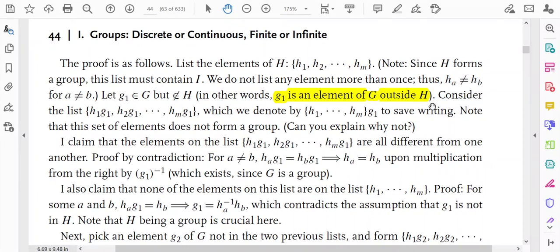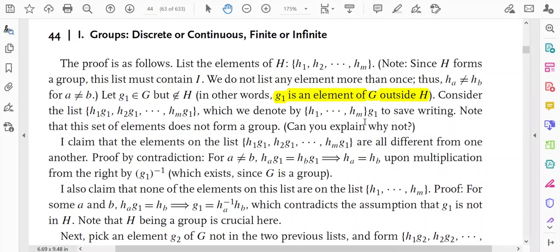Now we consider the list obtained by multiplying the group H by g1. If you multiply each of the elements by g1, we have the list H1 g1, H2 g1, and so on. We can take g1 outside and write the product as the bracket H1, H2, up to Hm, with g1 multiplied outside of it.